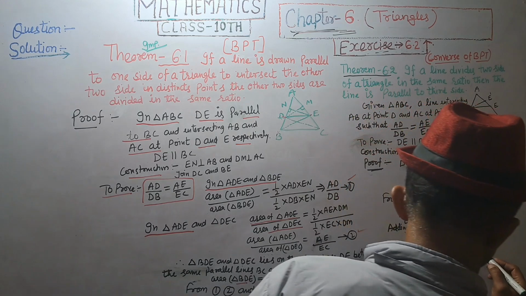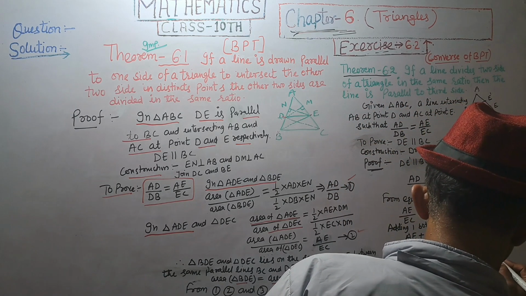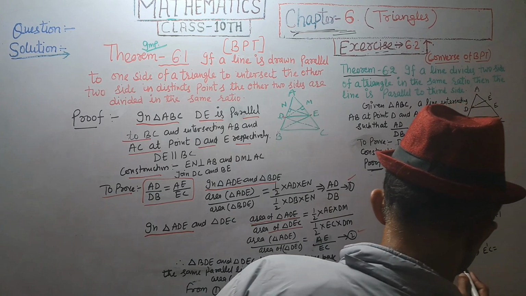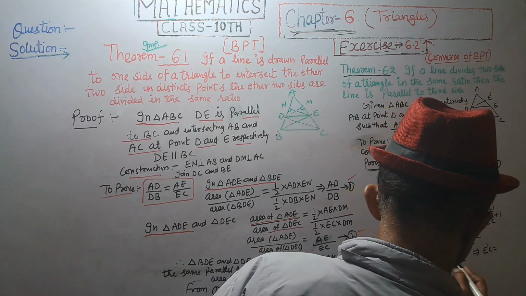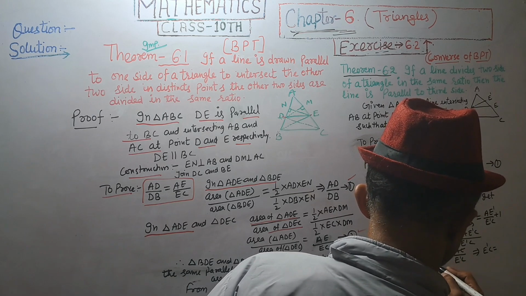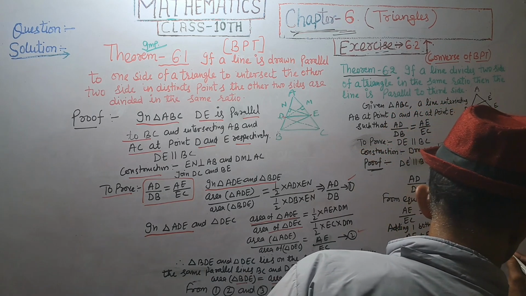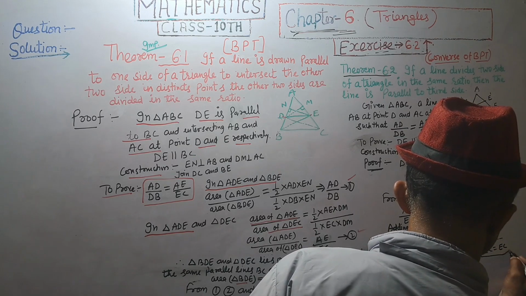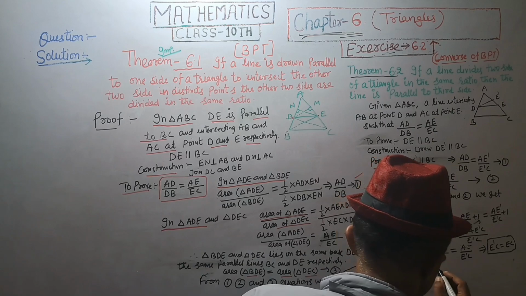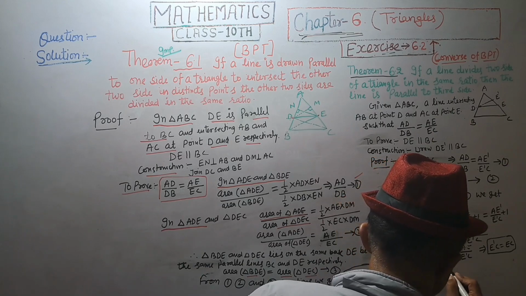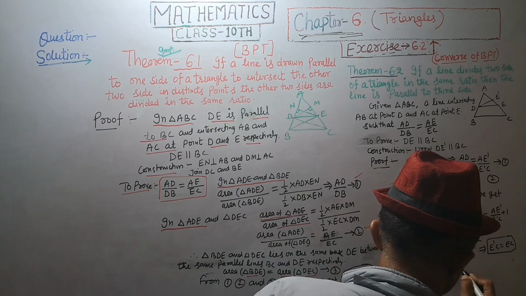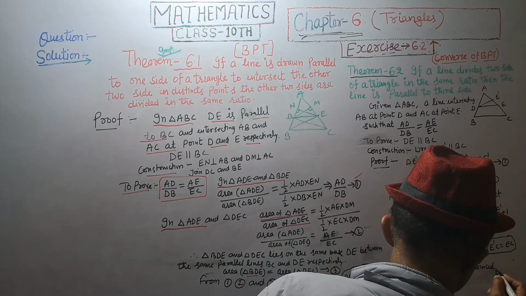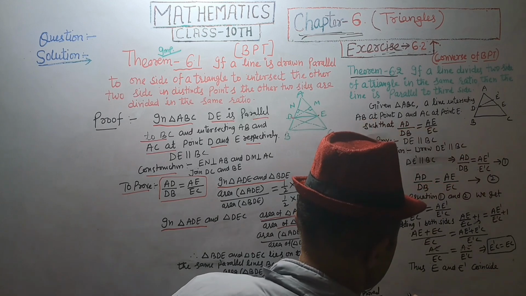AC cancels, and we get E dash C multiplied by 1 equal to EC multiplied by 1, that is, EC is equal to E dash C. Thus E and E dash coincide.